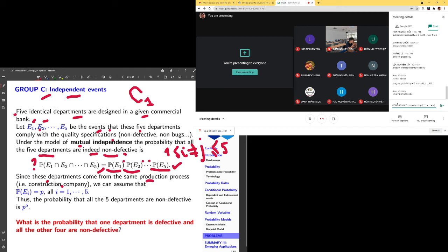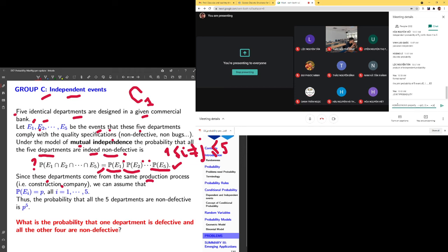And employing the final argument, you get the answer here to be p to the power 5. But if they are not homogeneous, then you have to use a different parameter for different departments. You see what I mean?